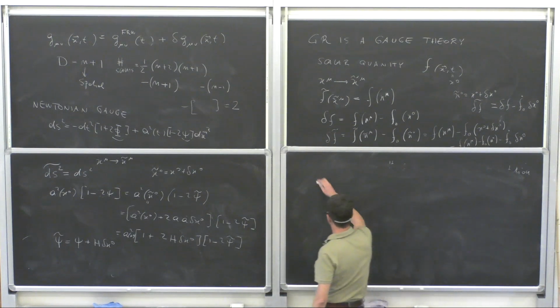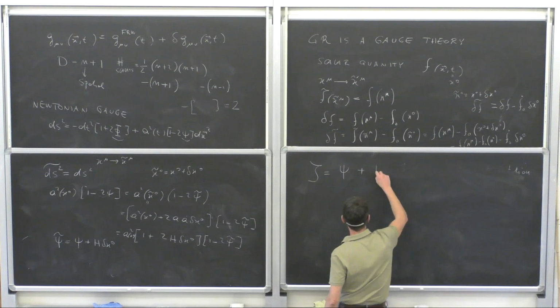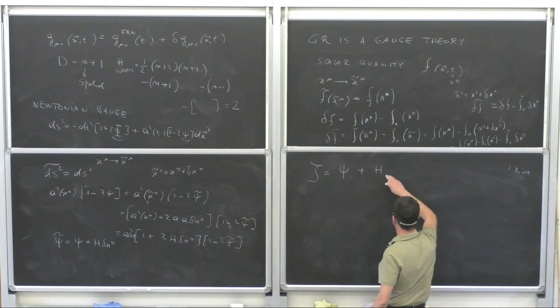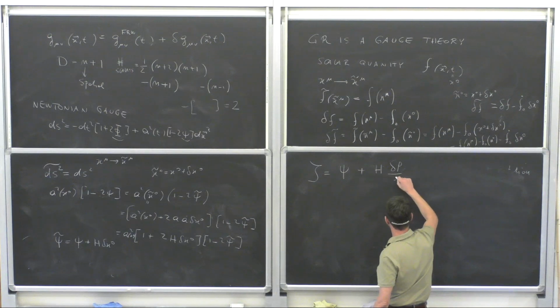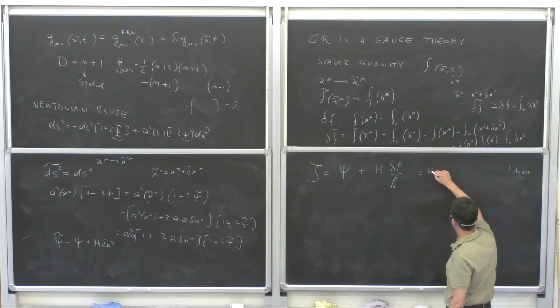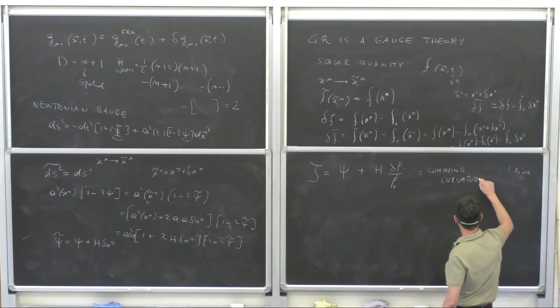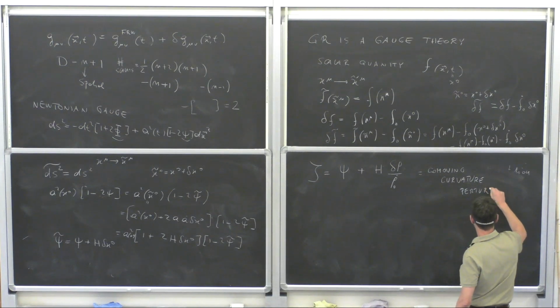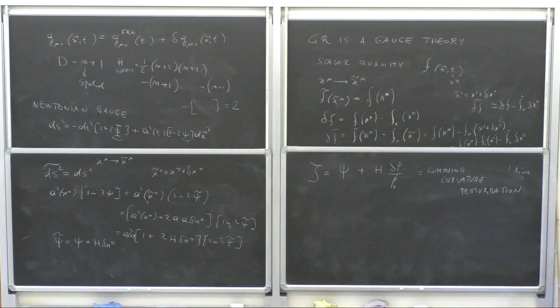So I define a quantity zeta, which is equal to psi plus h, and here let me put another scalar, not the phi, but just the perturbation of the energy density, delta rho over rho dot 0. This is called the comoving curvature perturbation. And I want to show you now that it is gauge invariant.